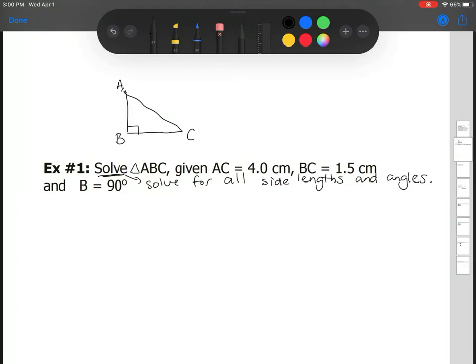So side AC is 4 centimeters, that's this side, and then BC is 1.5. Since AC is the hypotenuse, it should be the longest side.